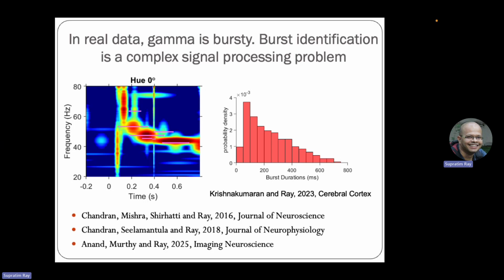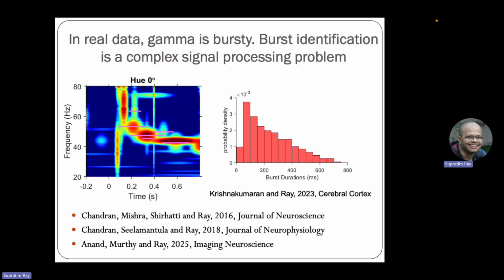You get that continuous looking wave because you have averaged over many trials, 35 trials. If you look at an individual trial, you see that gamma comes in bursts. It evolves and then it goes down, and it also varies in its frequency. So it has a very stereotypical shape. It's bursty in nature.